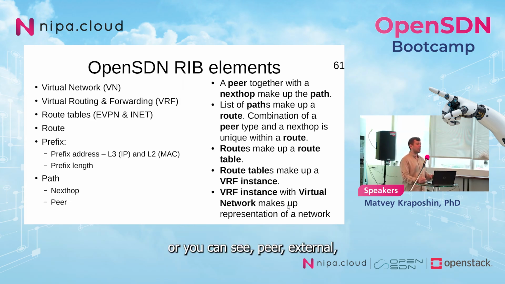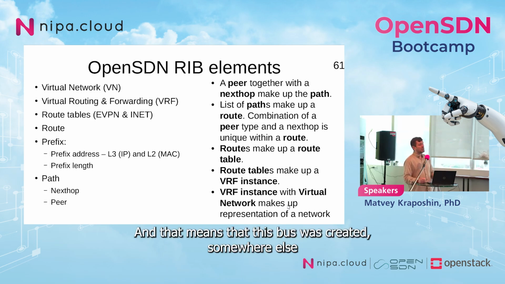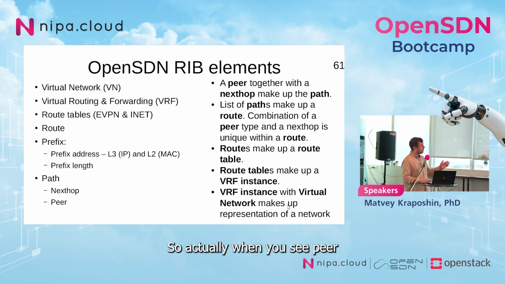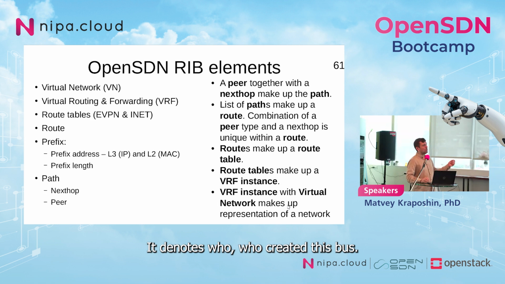Or you can see peer external, and it is called BGP peer, and it means that this path was created somewhere else and it was transmitted via, for example, the BGP protocol. So actually, when you see peer in the route agent routes, you should know that it is the source of this route. It denotes who created this path.